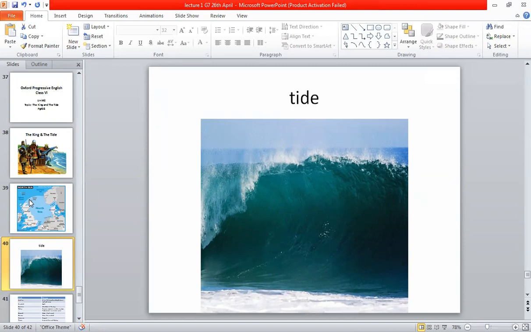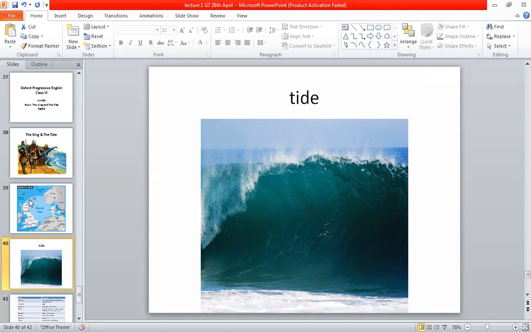Water had covered their ankles. Water was up to their ankles. An ankle is a joint that connects the foot with the leg. And crept up means moved slowly.